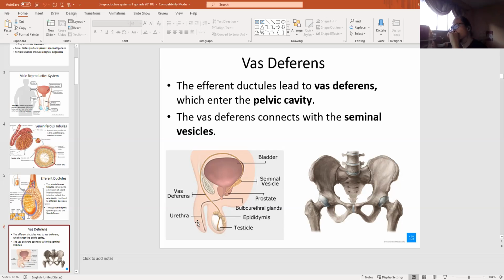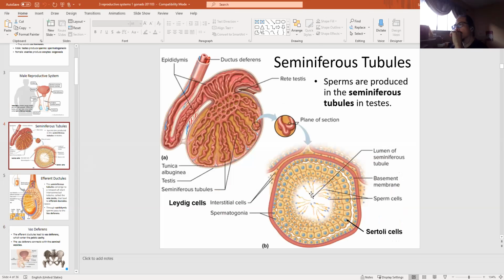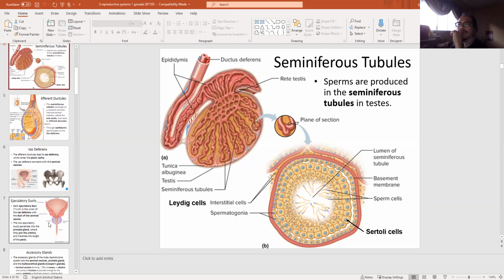That completes this journey, the entire route of how sperm travel from the seminiferous tubule to the urethra and, through intercourse, into the female's body.